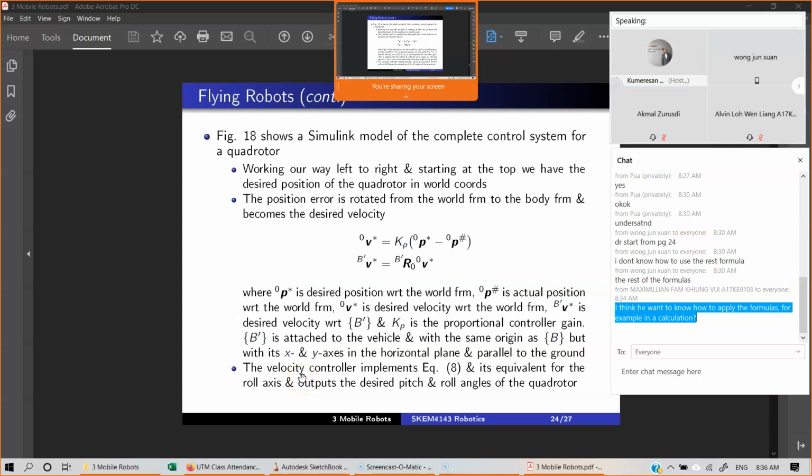No idea? B prime coordinate frame is vehicle z axis. Seriously? Does that even remotely make sense to you? B prime is the coordinate frame, okay? And I've explained in the video.